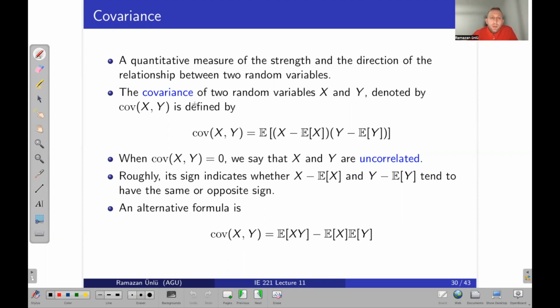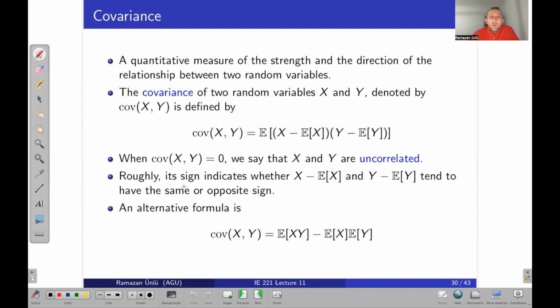So the covariance of two random variables x and y, which is denoted by cov(x, y), we can calculate as the expected value of (x minus expected value of x) times (y minus expected value of y). So it is easy to calculate that one.